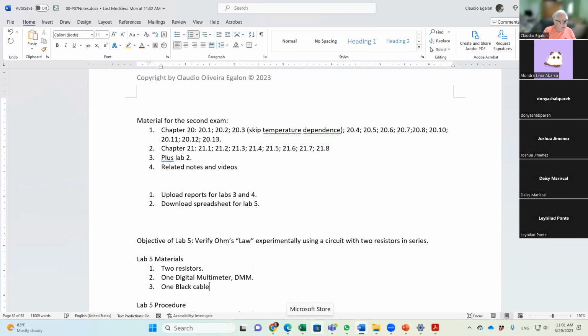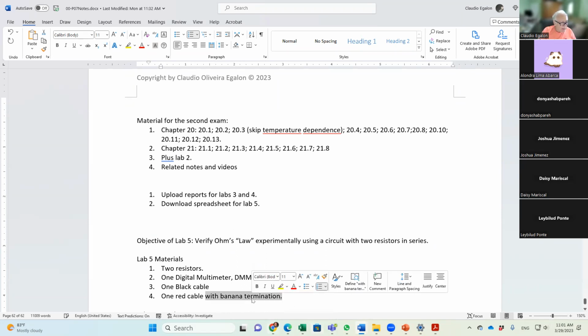As we go through the procedure, I'm going to keep on changing. 1 red cable with banana termination, and 1 black cable with banana termination. Also, what we need: 2 alligator clips.